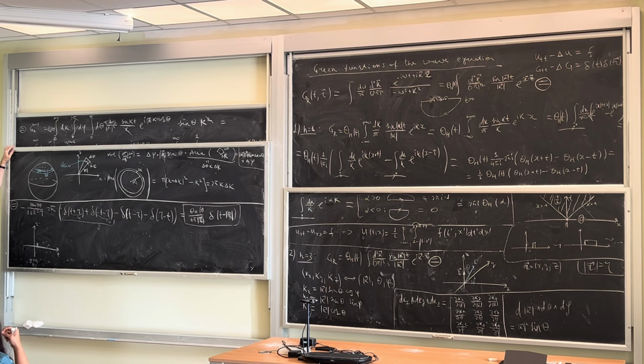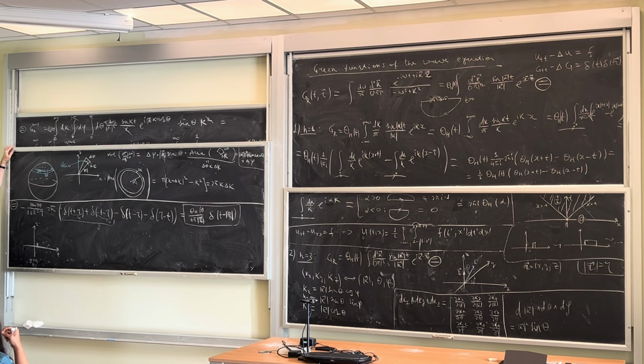And let us keep the delta function for a while. It will be delta of t minus t prime minus the absolute value of r minus r prime, divided by 4 pi times the absolute value of r minus r prime. Also an integral in dr prime, f of t prime, r prime. But in this particular case, we can compute the integral in t prime, right?